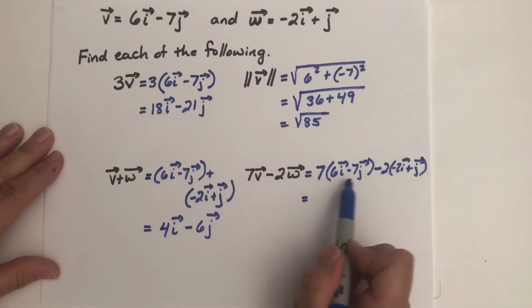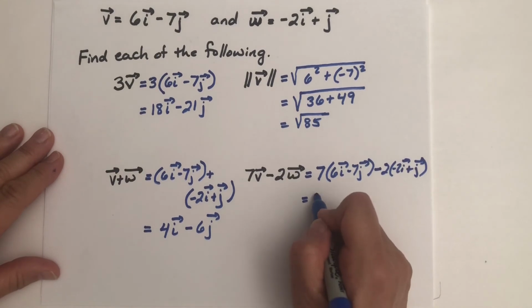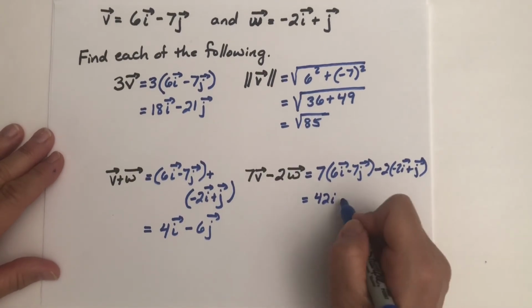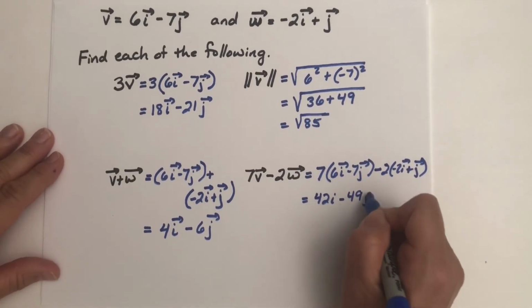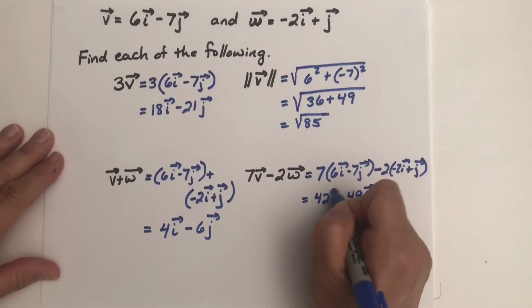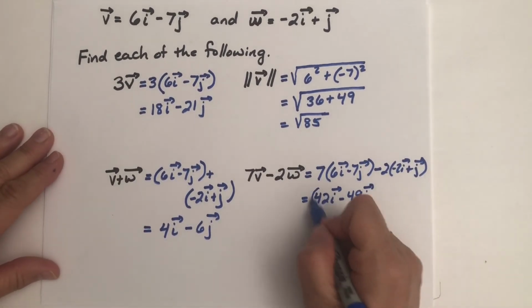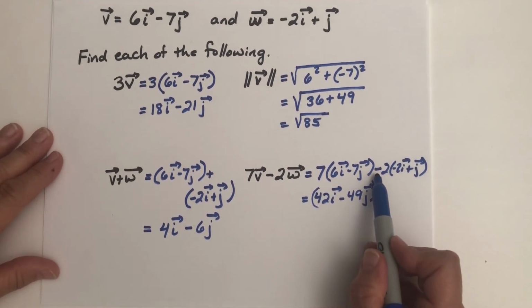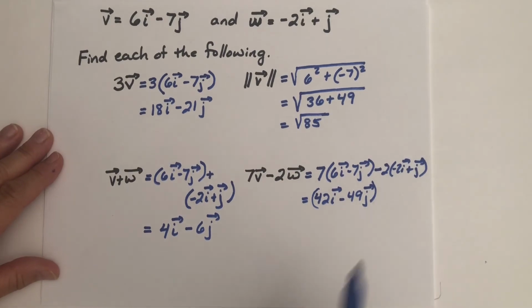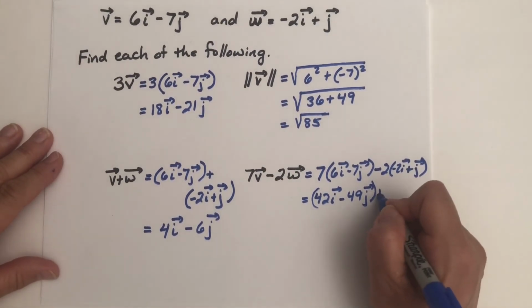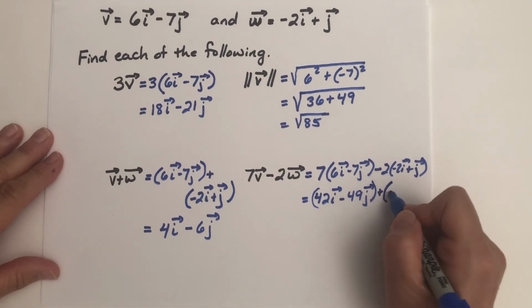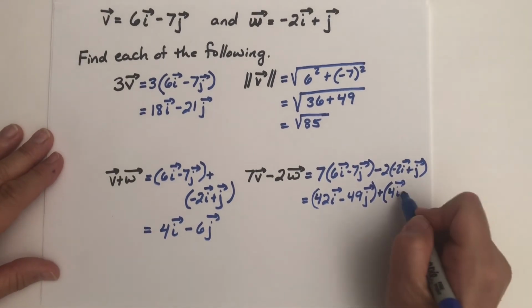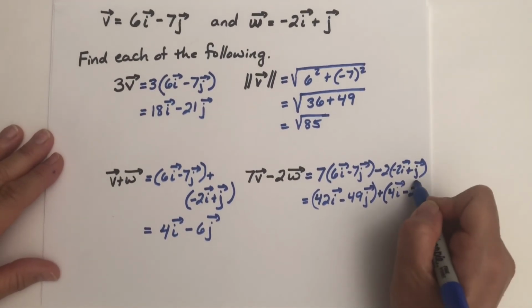We'll multiply the first vector by 7 and we get 42i minus 49j. And for this one, you can either distribute the positive 2 and leave the minus out front, or we can distribute the negative 2 and change it to a plus. Either way is fine. I'll just make this a plus, and we have now positive 4i, because we had negative 2 times negative 2, minus 2j.